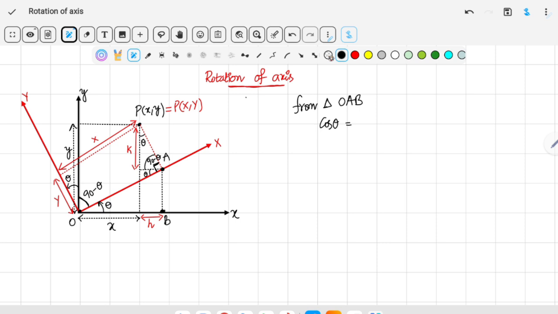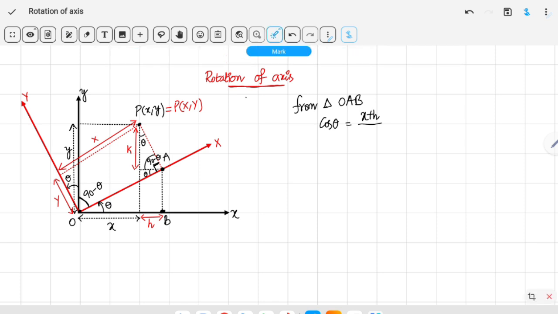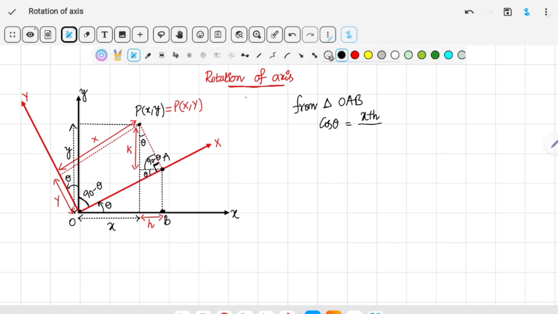Is it right or not? So what is the adjacent side? The adjacent side is the sum of these two sides, small x and small h. It is the sum of two terms. Therefore it is OB, small x plus h, by the hypotenuse, and the hypotenuse value is capital X. From the diagram you can clearly observe that.